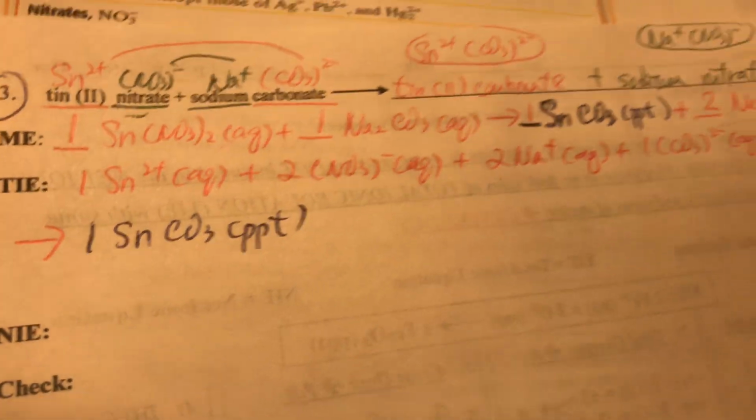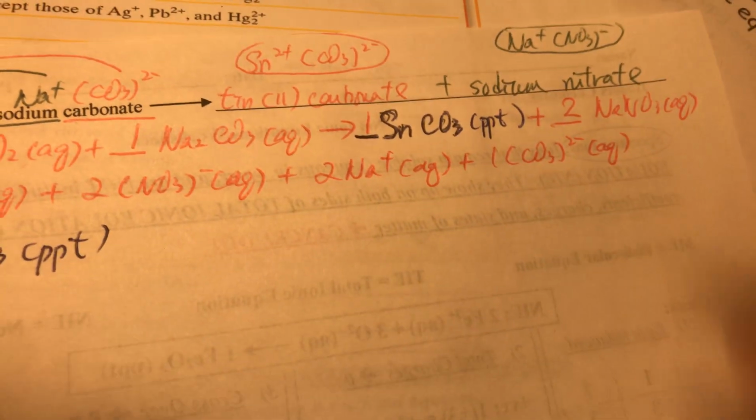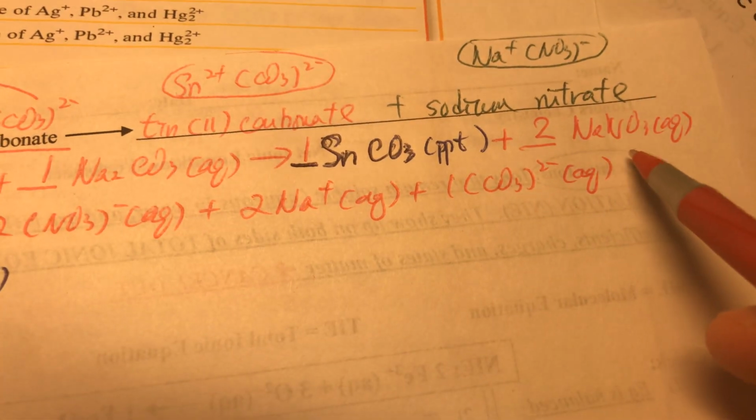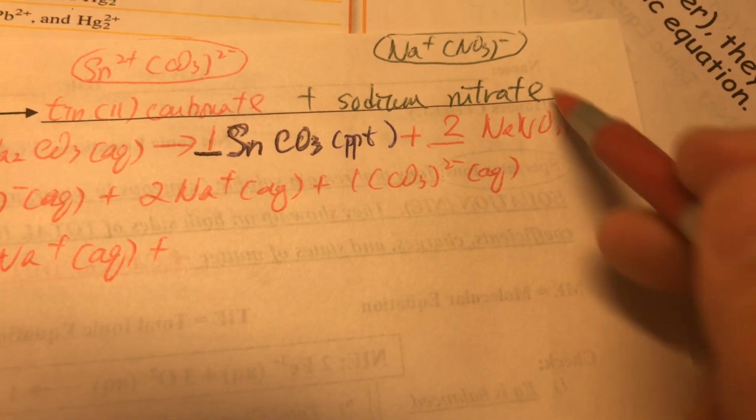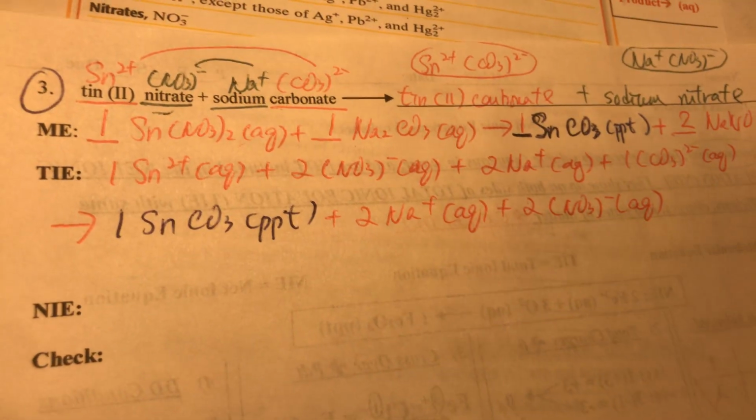And then this we're going to separate: 2 Na plus AQ plus 2 parentheses NO3 minus AQ. So this is what happened on the right hand side.